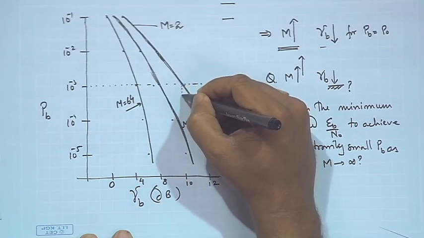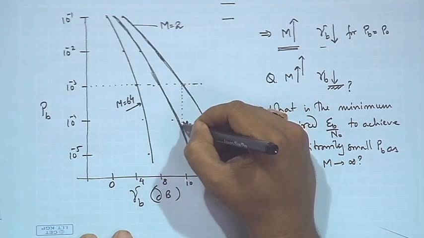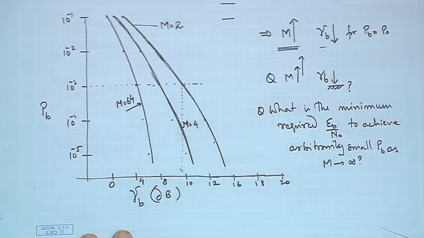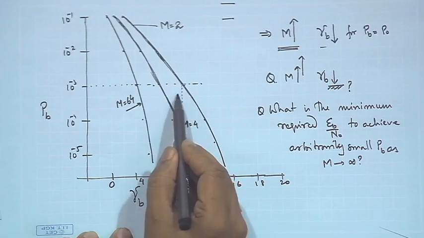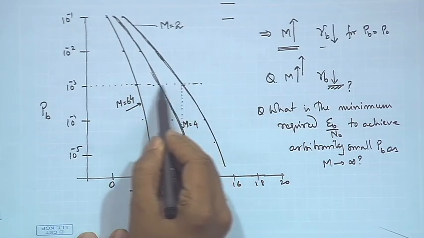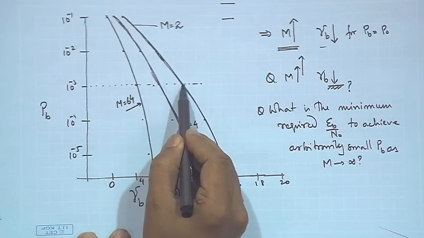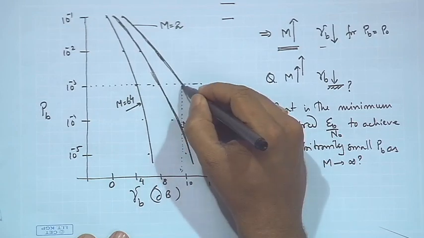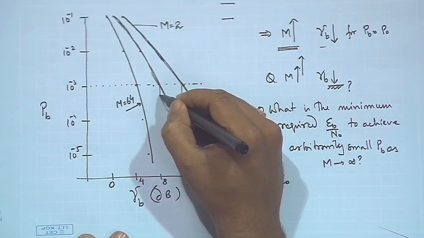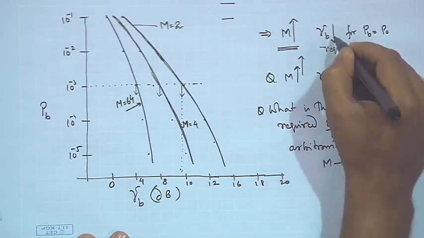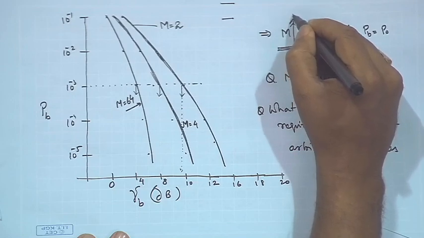With the same P_B, I am changing from m equals 2 to m equals 4 to m equals 64. What I find is that the Eb by N naught that is required decreases as m increases.